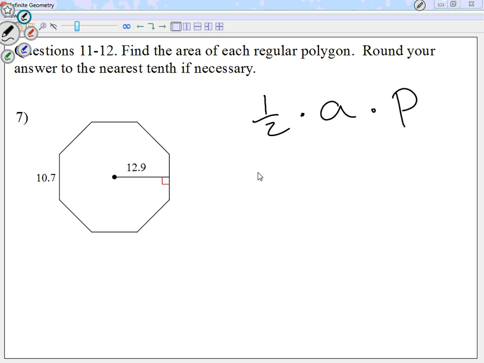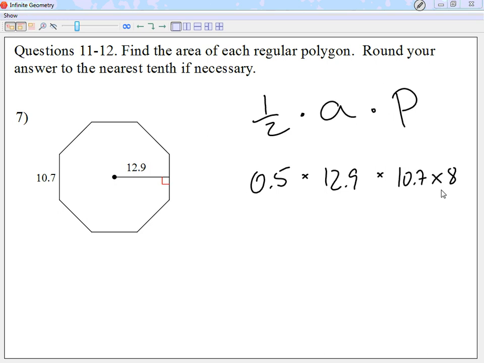So for a calculator, 1/2, I'm going to call it 0.5. And I'm going to multiply this with 12.9, which is the apothem. And I'm going to multiply this with 10.7 times 8, because that's the perimeter, right? Each side is 10.7. There's 8 sides. So 10.7 times 8 is the perimeter.